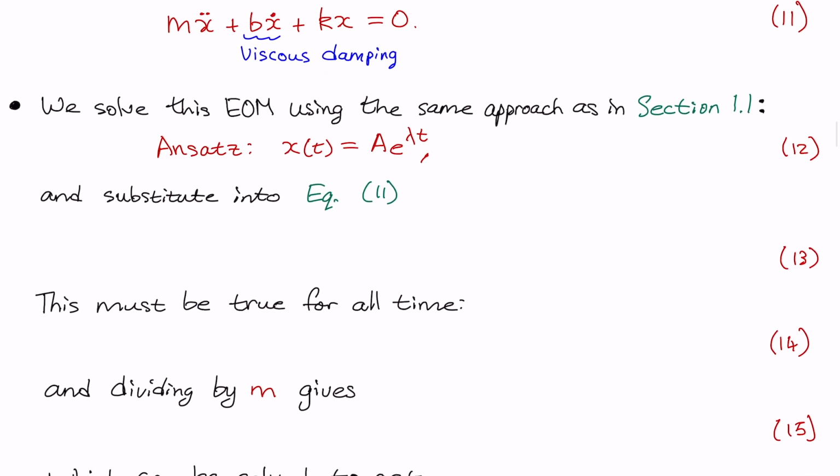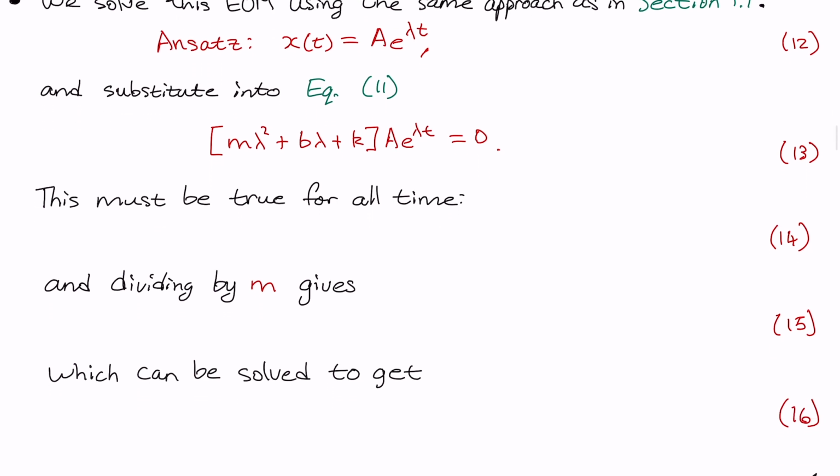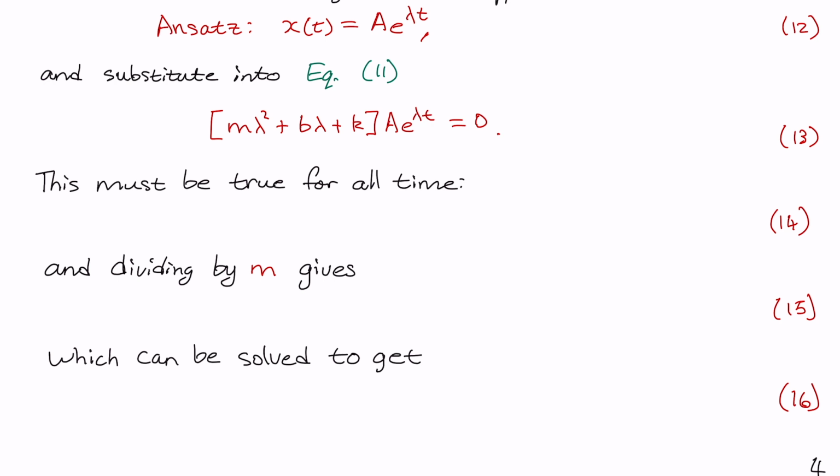We substitute that in, and what we'll end up finding is that we'll get m times lambda squared plus b lambda plus k, all of that then multiplied by e to the lambda t. That's all now equal to 0. I skipped some steps here, but it's a similar approach to what you saw in the previous section. So this equation must be satisfied for all time, which means that e to the lambda t can only be 0 provided that lambda is negative.